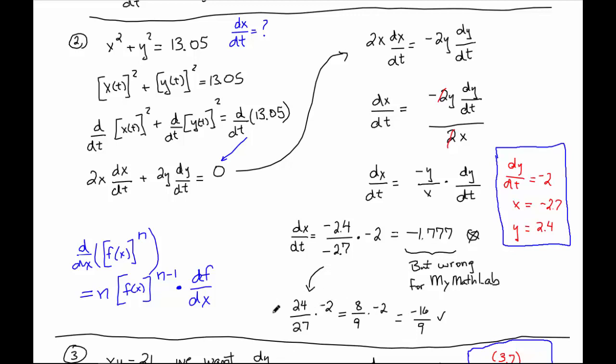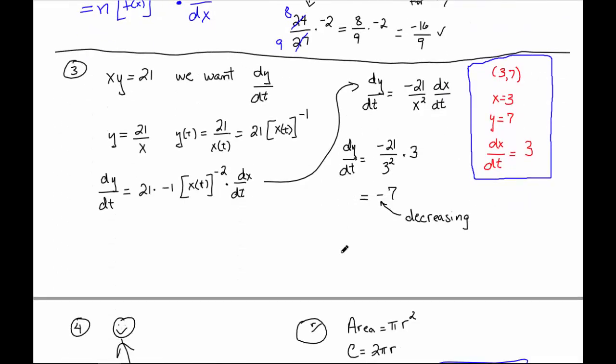At that point, you can take a 3 into the top 8 times, a 3 into the bottom 9 times, the minus 2, and you get minus 16 ninths. And at that point, MyMathLab is happy. So again, the main trick was to multiply by 10 over 10 to get rid of these decimals.